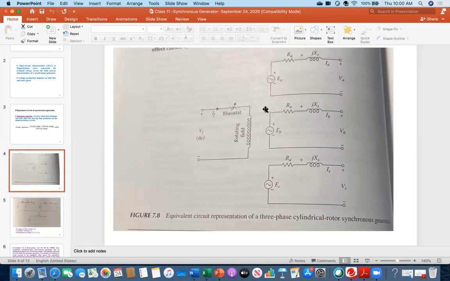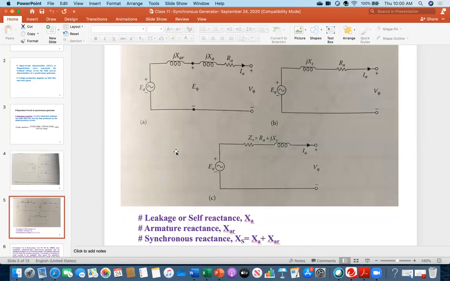The portion that links or interacts with the main field will deduct some portion, so some of the magnetic field will be reduced because of that interaction. And that will cause some voltage drop. To represent that situation, XAR is present.